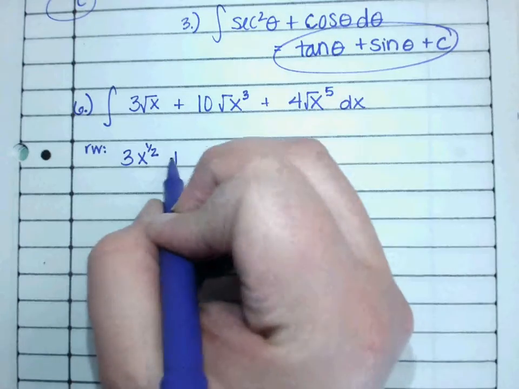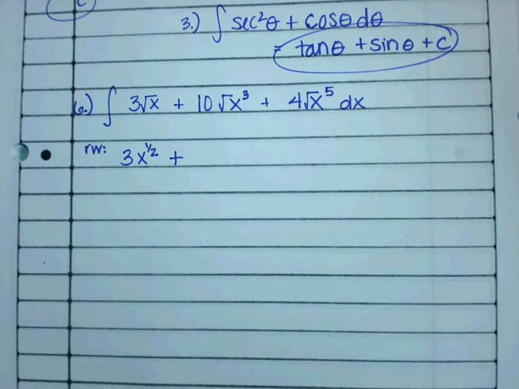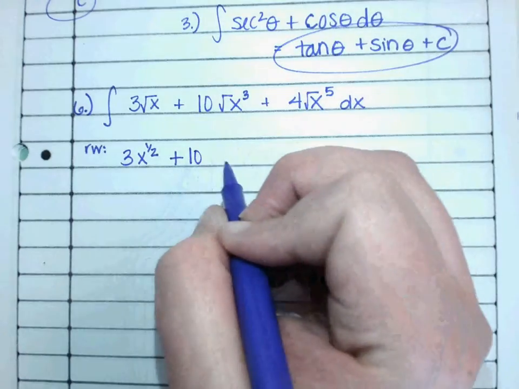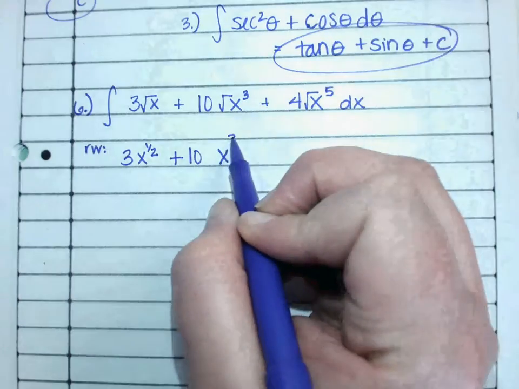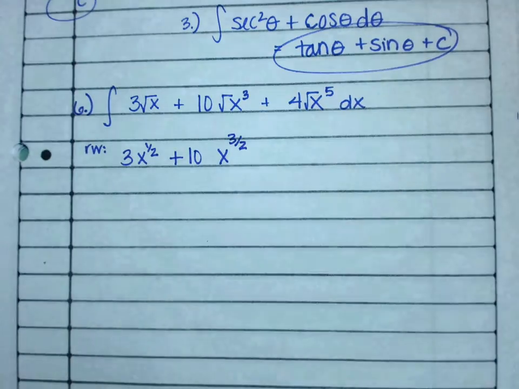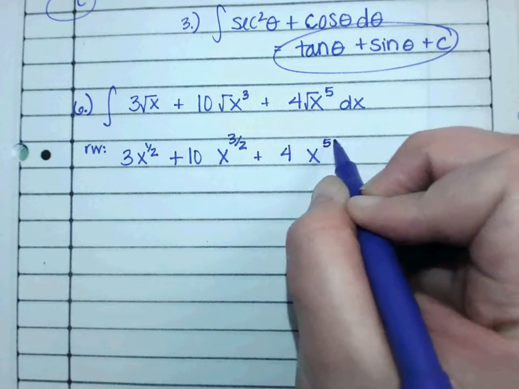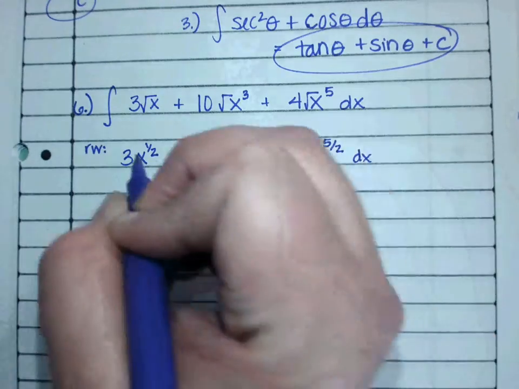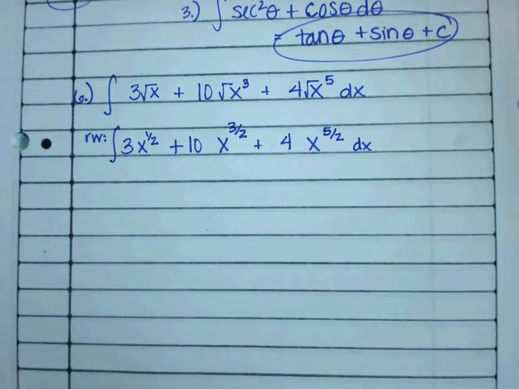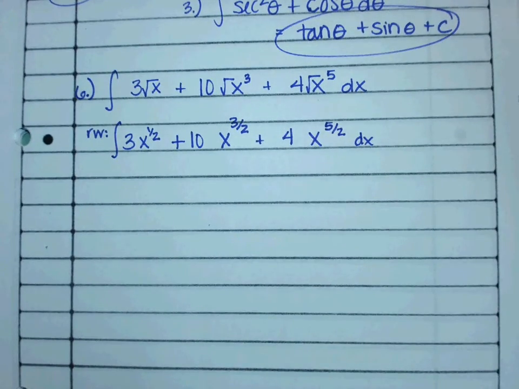What about my 10 square root x cubed? 10x to the what? 3/2. The power goes on top, the root goes on bottom. Then for my last one, it'd be 4x to the 5/2. But then remember, you're still just adding 1 and then dividing. You just have to do it with fractions.